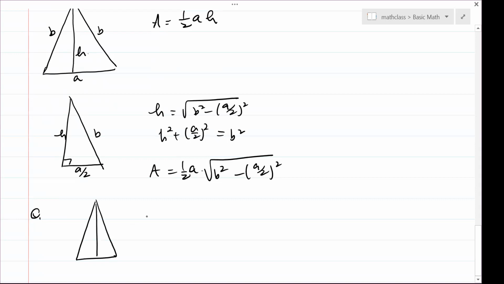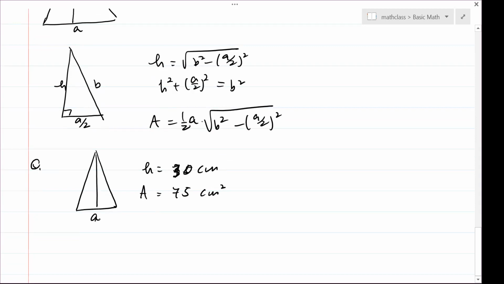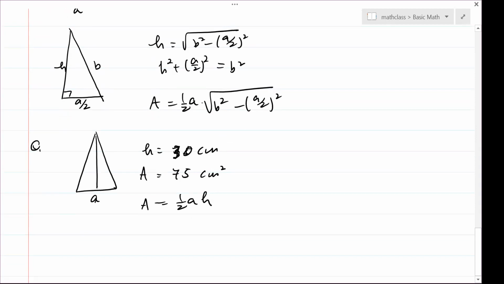So here's a question for an isosceles triangle. If H is going to be, let's say, 30 centimeters, and the area is 75 square centimeters, then you can find the base directly, because this is an easy formula, the easiest formula.